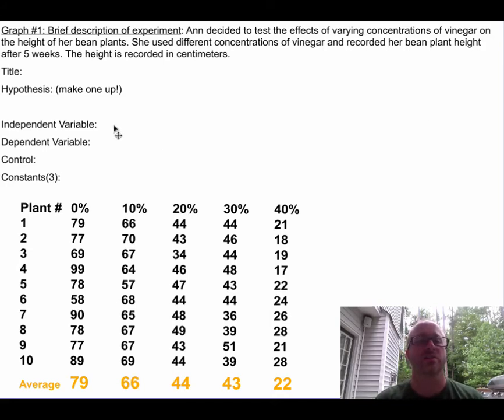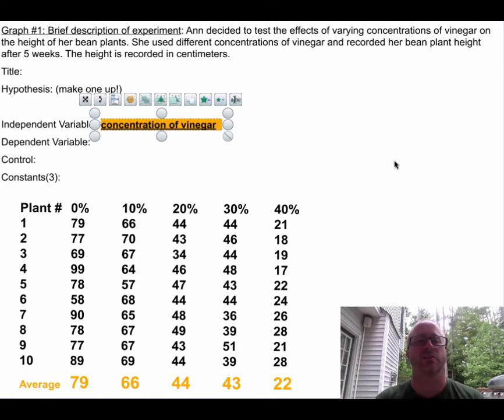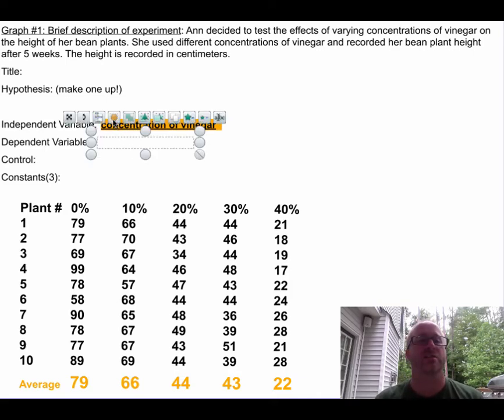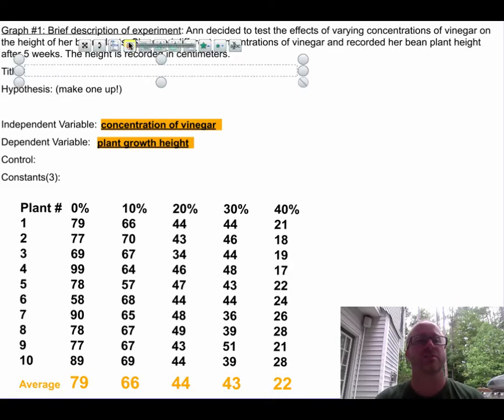Well, let's look and see. Maybe she has control over the concentration of vinegar. The dependent variable, remember, that's what we are trying to find out: how high the plants are going to grow based upon the concentration of vinegar. So let's come up with our title. Maybe something like the effect of vinegar concentration on the bean plant growth.